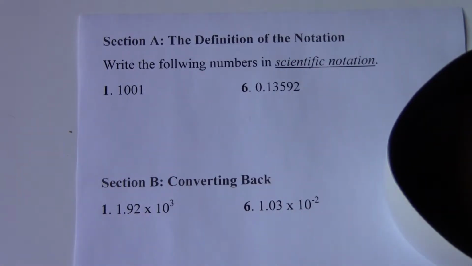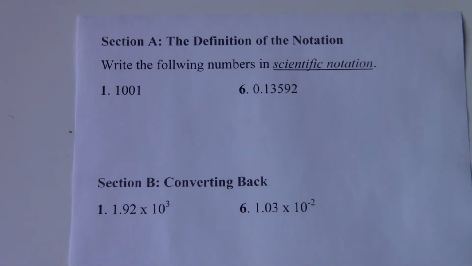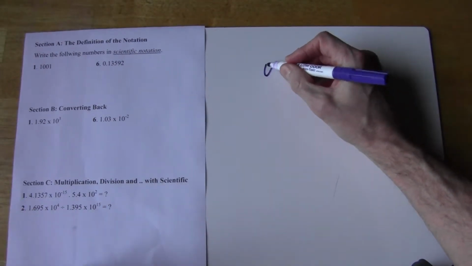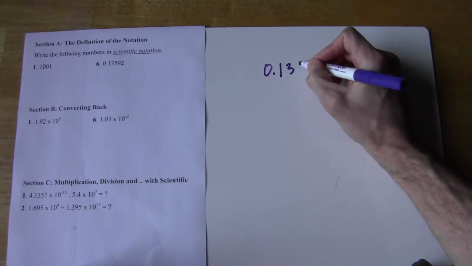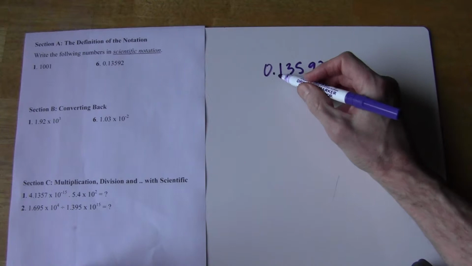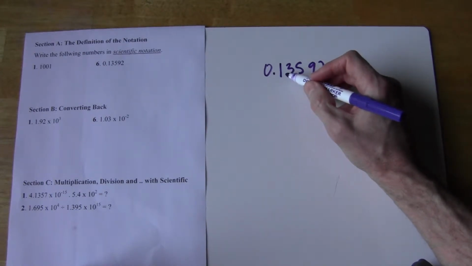So let's do a couple of these real quick for samples. Starting with that first one, I'll take question number 6. So for question number 6, I simply have this decimal 0.13592. And to express that in scientific notation, you're going to need to move that decimal to this spot.